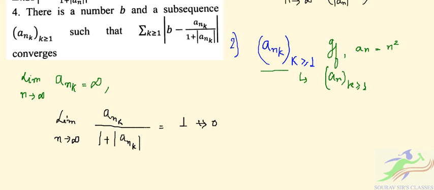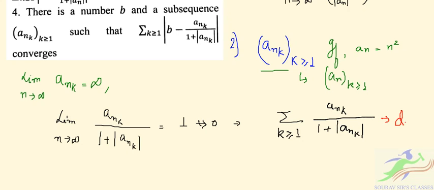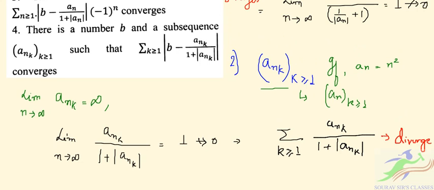Similarly, the summation over k greater than or equal to 1 of a_(n_k) by 1 plus |a_(n_k)| also diverges. It is not converging, so it is not true. Let's check with option 3 then.